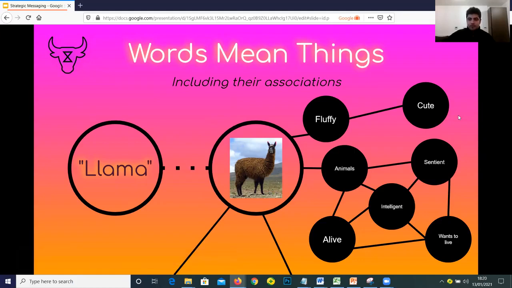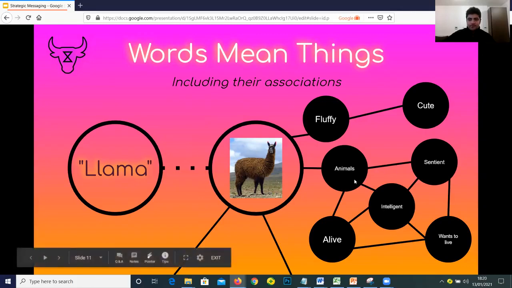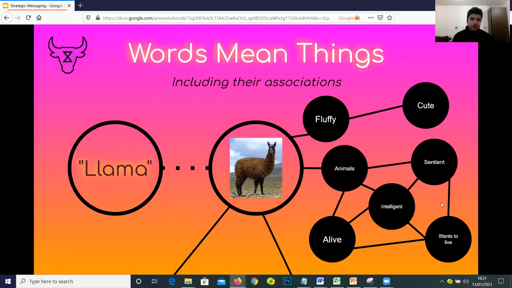So we have fluffy, cute, but then also, if we're looking at it from what I imagine most of our frames are, we'll have something like animals. Animals are sentient. Animals are alive. Animals are therefore intelligent. And therefore animals want to live, right? So this is our frame and the associations that our frames evoke from the word llama.